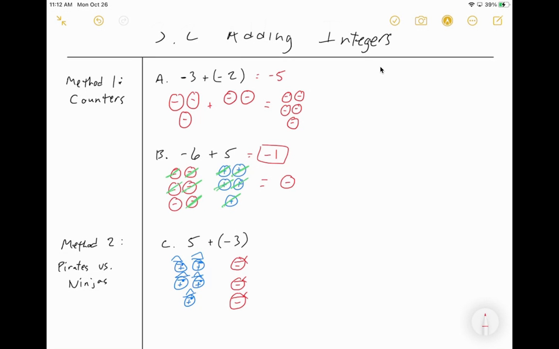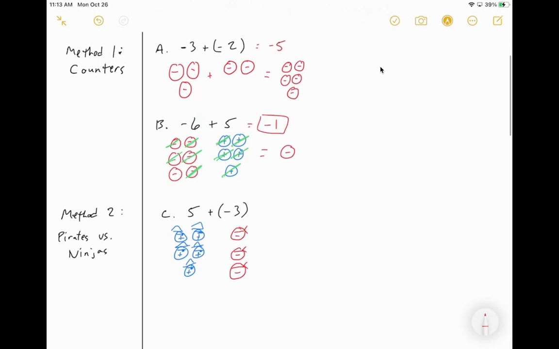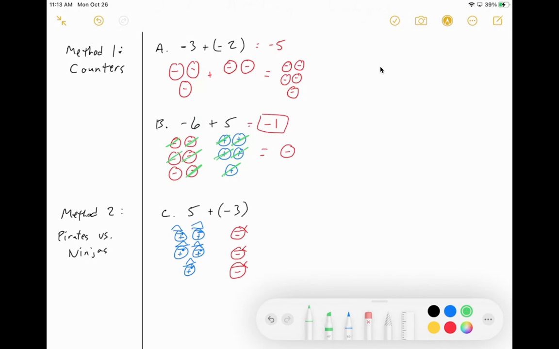So again, this is basically the counter method, but here's the important part, why I like pirates and ninjas and it gives us this idea of war, okay? There's going to be a winner. In these fights, there's always a winner. And whoever the winner is, that's the sign of your answer. So in this case, every pirate and every ninja engage in battle, and they fight to the death.